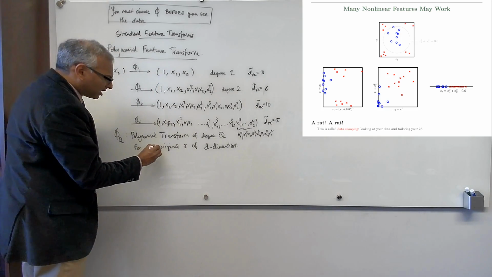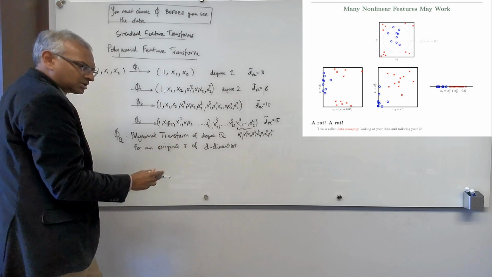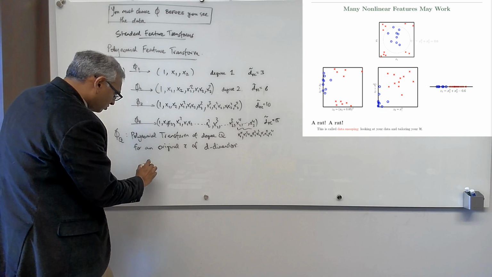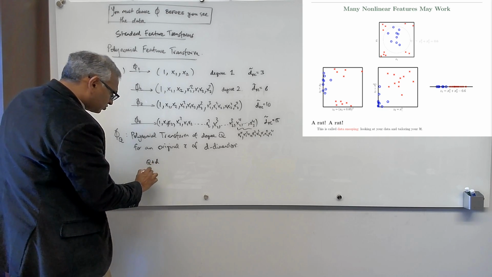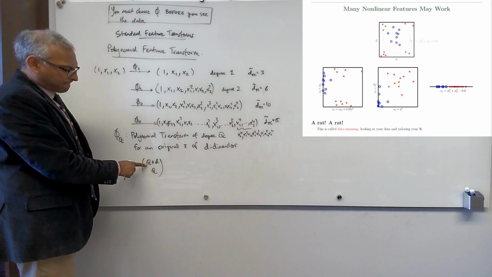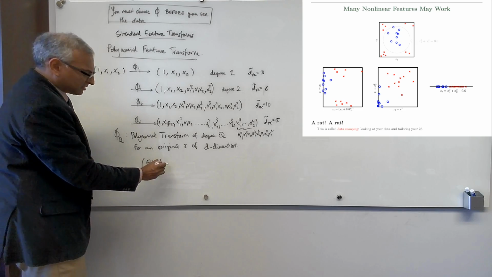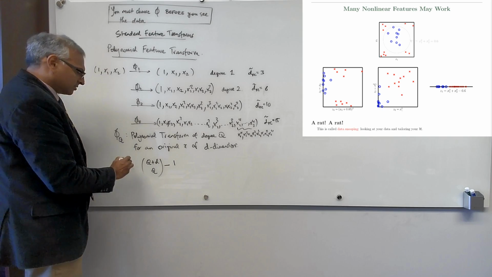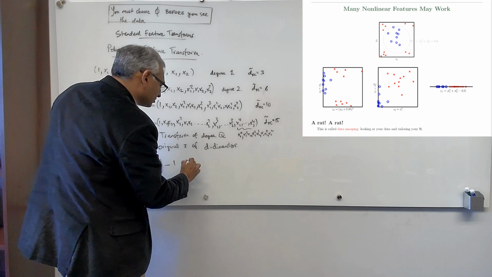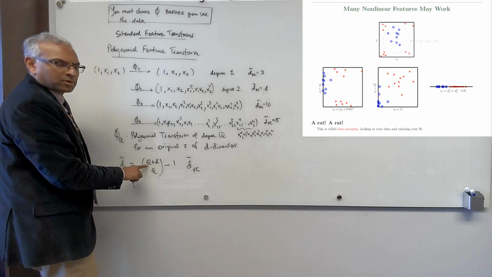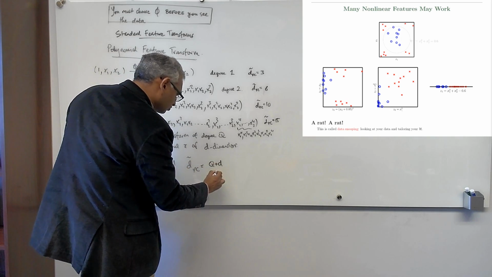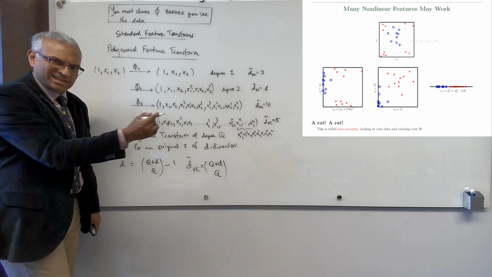You can show that the dimension of the space is q plus d choose q, minus 1. So d tilde is equal to this, and dVC tilde for a q order polynomial transform in d dimensions is going to equal just q plus d choose q. It's an interesting counting argument. I challenge you to go and figure that out.